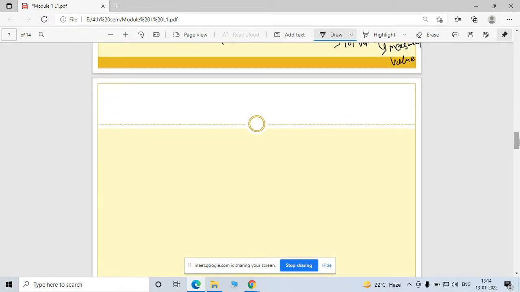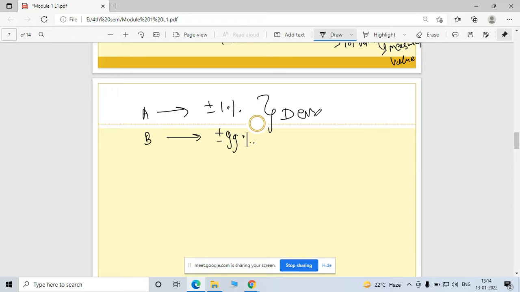Now the basic difference is between deviation and depletion. What do you mean by deviation? If A meter has plus minus 1%, and B meter has plus minus 99%, these represent the deviations in percentage.